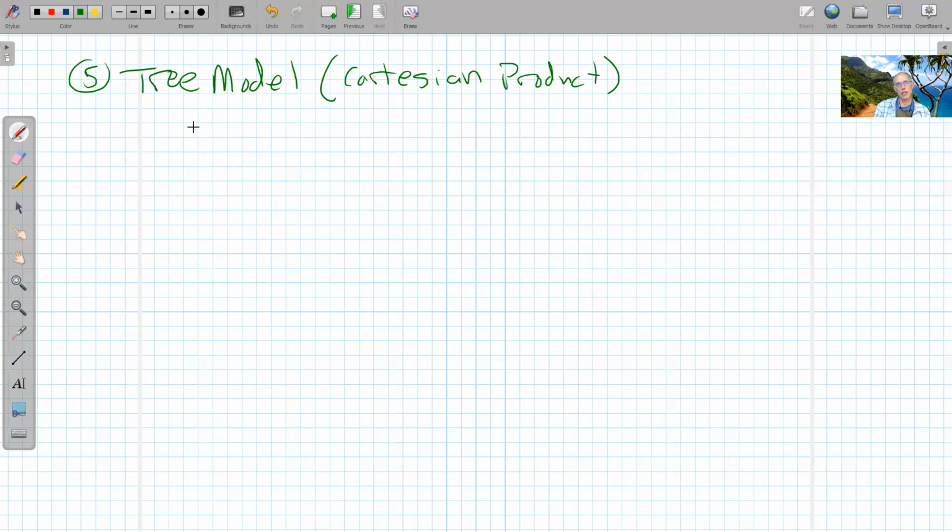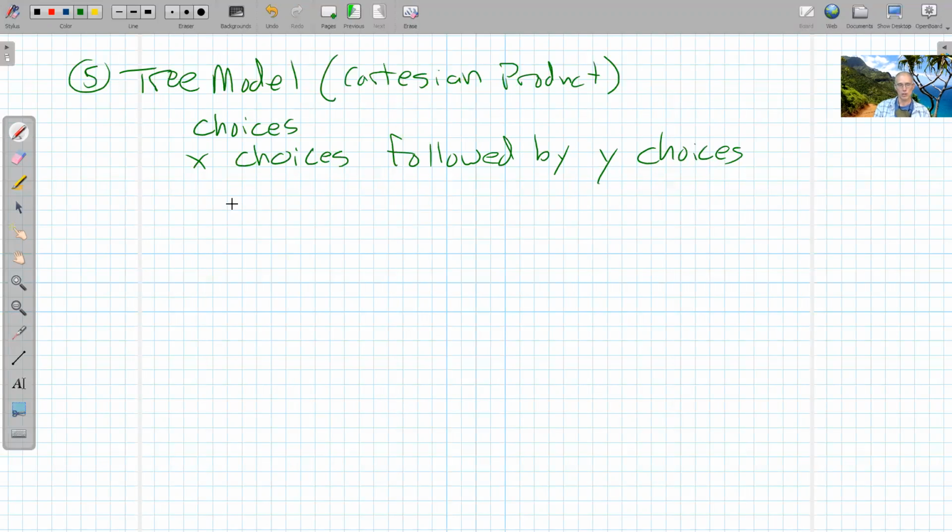And what this is, it's related to choices. So if you have X choices for one selection, followed by Y choices for the next step, then altogether there are X times Y choices for the whole situation.